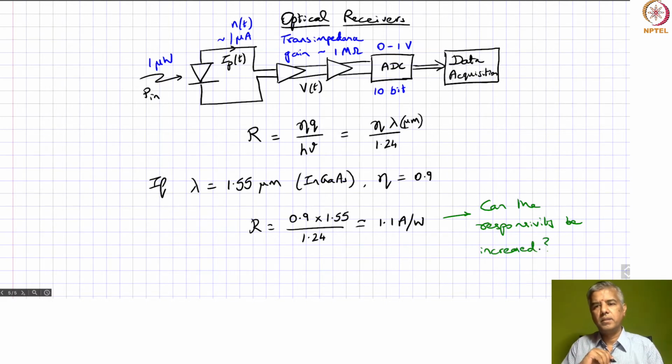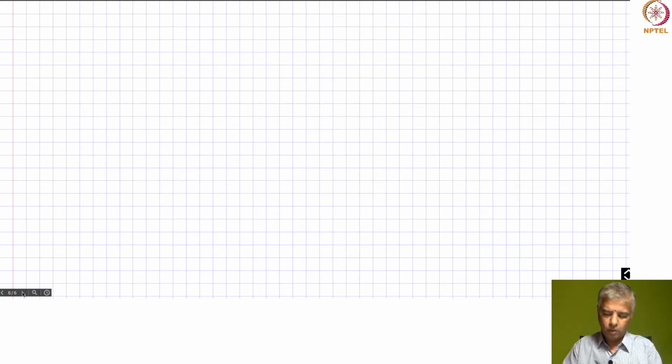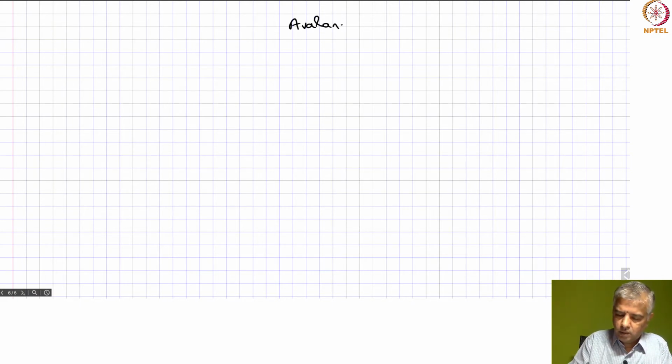Okay, is that possible at all? Well, it turns out that is possible, and that is actually through what we call an avalanche photodiode. So let's actually look at what avalanche photodiodes mean.